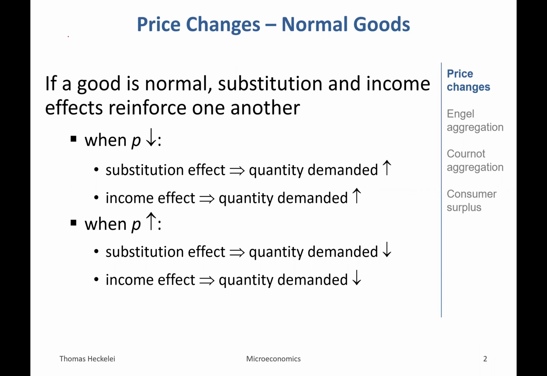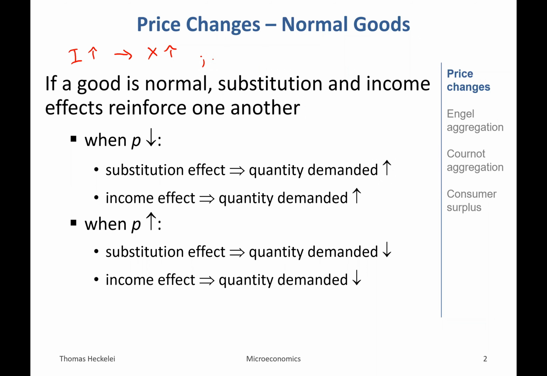Then let's start first with the case of normal goods, so it's easier for us to get the intuition. But let's set out some definitions first. Normal goods are goods that when you have more income or more money, you consume more.